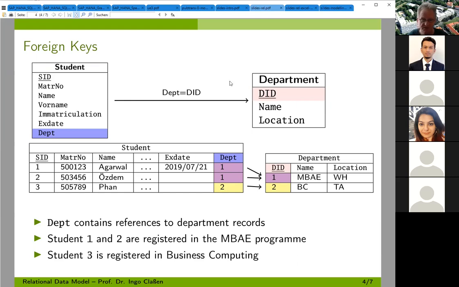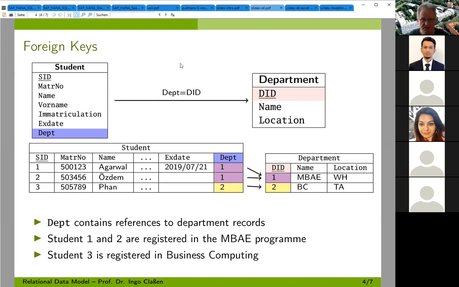At the beginning, the foreign key is usually not an easy concept for you. Previous semesters have shown that it usually takes some time to grasp the conceptual idea of foreign keys, but that is how they work.